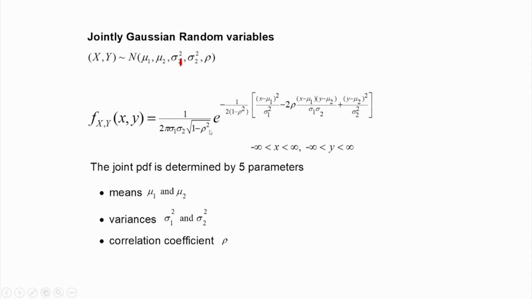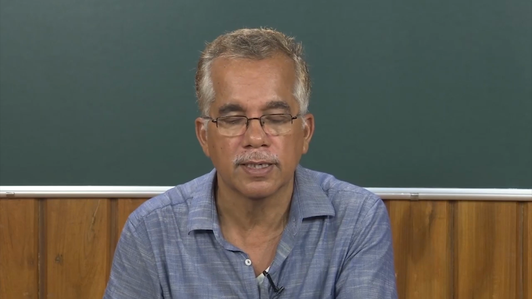We see that these parameters, mu1 is the mean of the random variable x, mu2 is the mean of the random variable y, sigma 1 square is the variance of x, sigma 2 square is the variance of y, and rho is the correlation coefficient, how x and y are correlated.